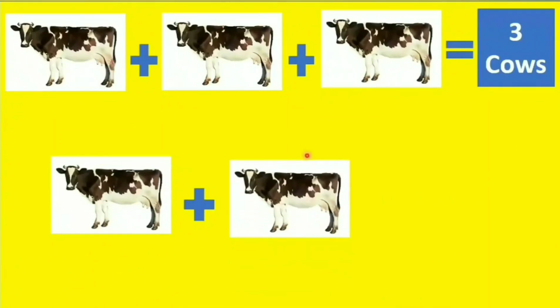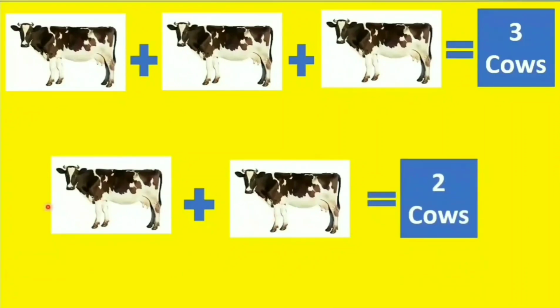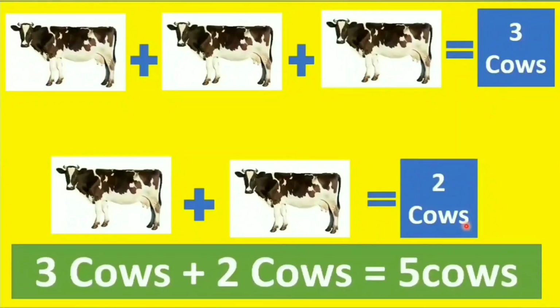Again, see, here is one cow and here is another cow. If you add these 2 cows, you will get the result 1 plus 1, 2 cows. You are thinking why Miss is teaching us such an easy thing? Yes, now the twist is. So see here, we can add 3 cows and 2 cows. The result will be 5 cows, isn't it?